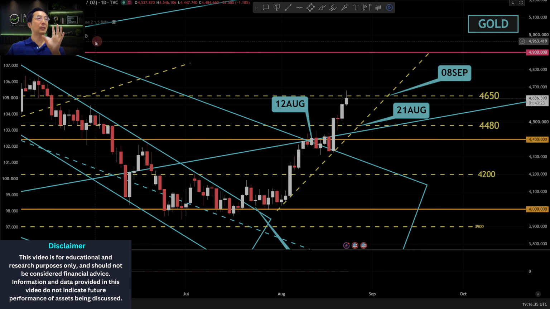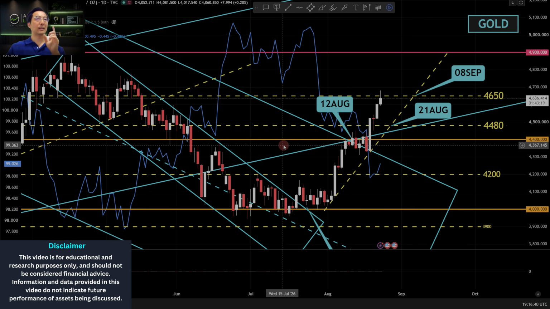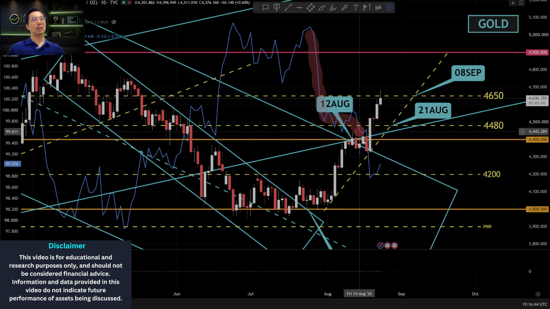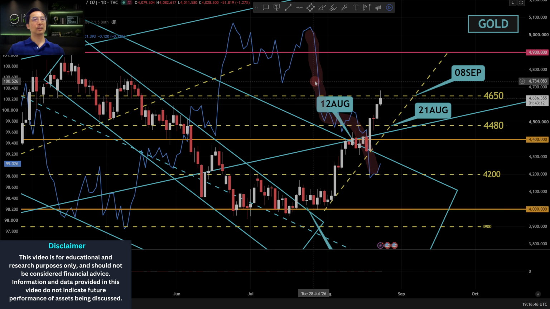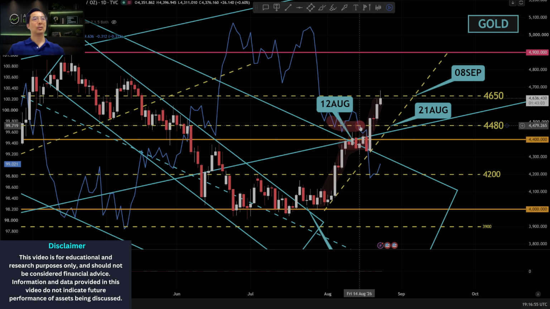But also, one more point is the dollar index, the DXY. So we see this drop started on the 28th of July. And in a few days' time, gold price started to react, trading sideways while the DXY went sideways.